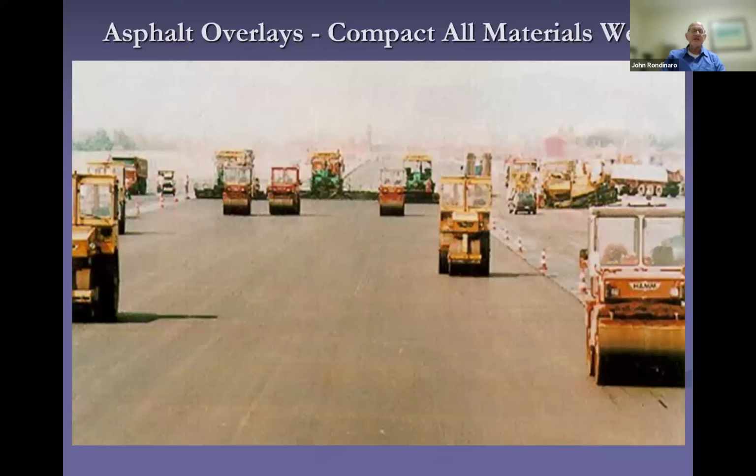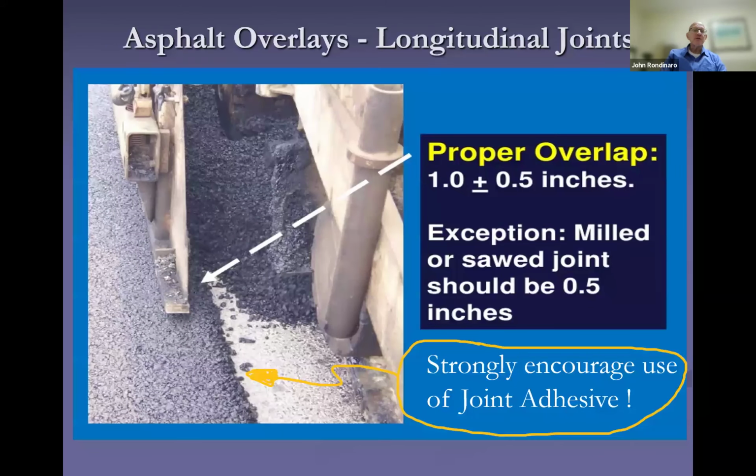If we were in the best of all worlds, we would do full width paving, and we would use a giant army of rollers to compact that material so that you wouldn't have any kind of hot and cold joints. In terms of joints, strongly encourage the use of joint adhesive.